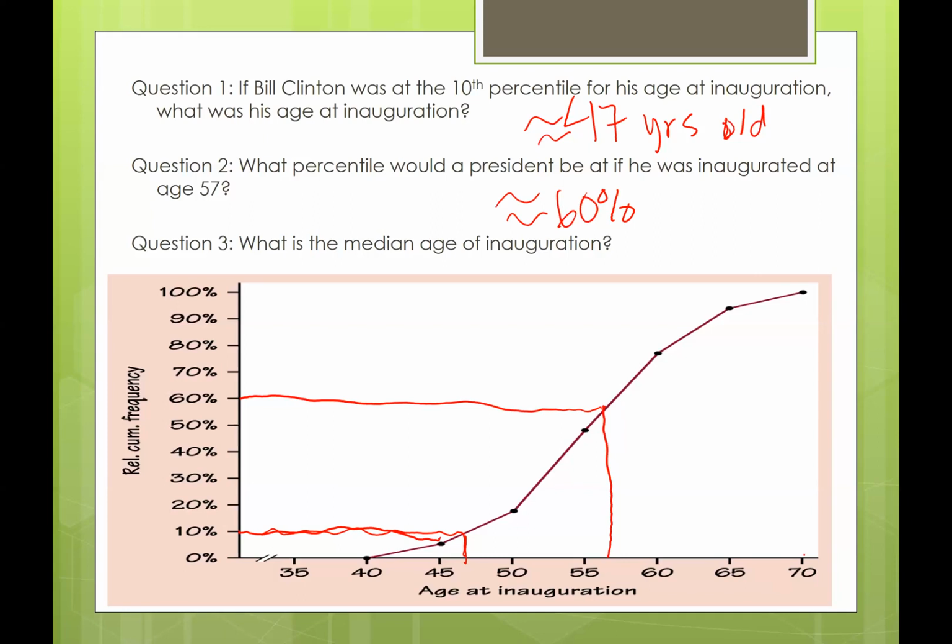The median is where you have 50% below and 50% above. So the median is another way of asking for the 50th percentile. So that means I'm going to go to 50%. And remember, those dots are right at these lines. So if I land on that dot, I should be going down to 55 for sure.